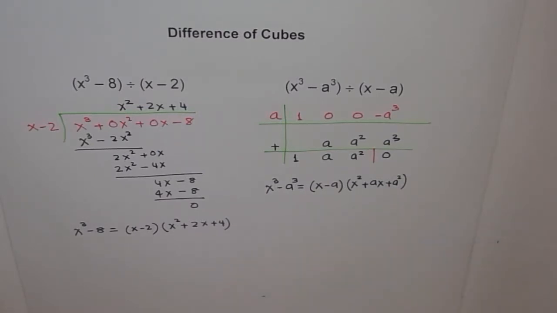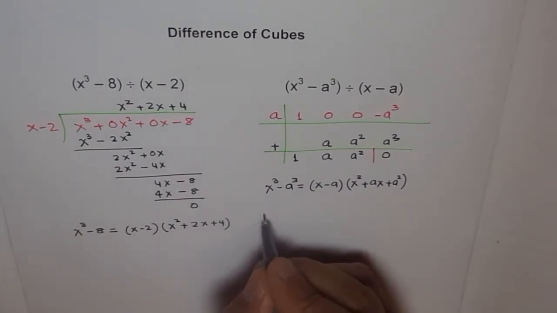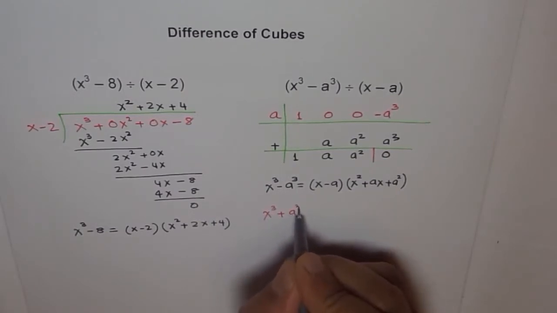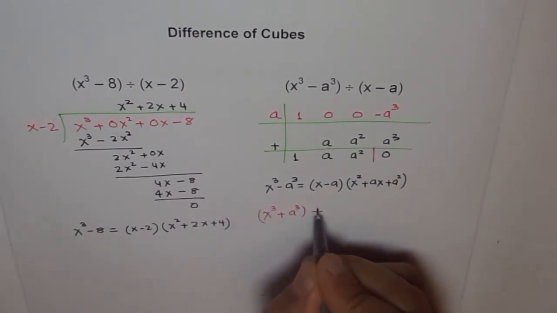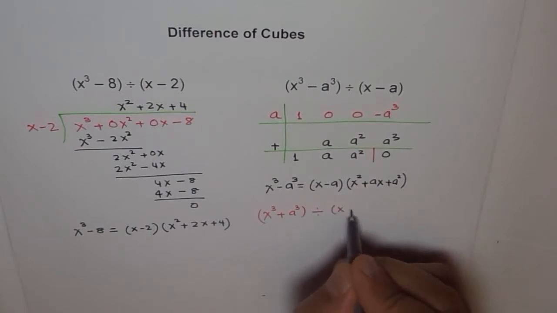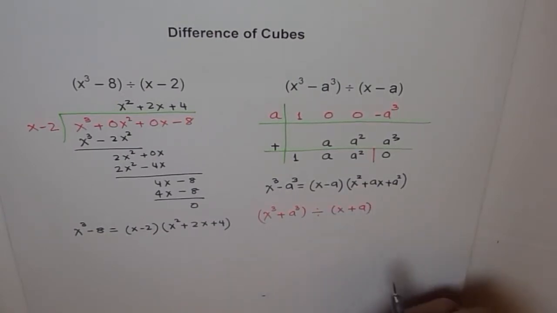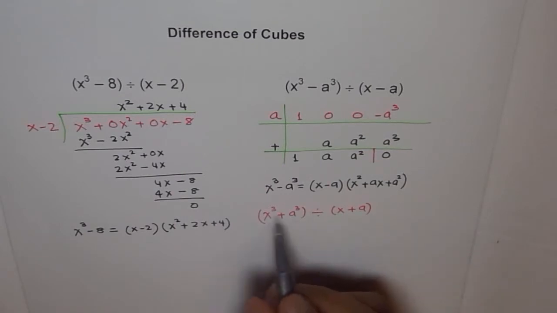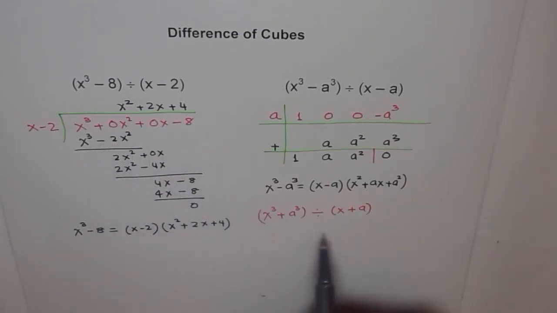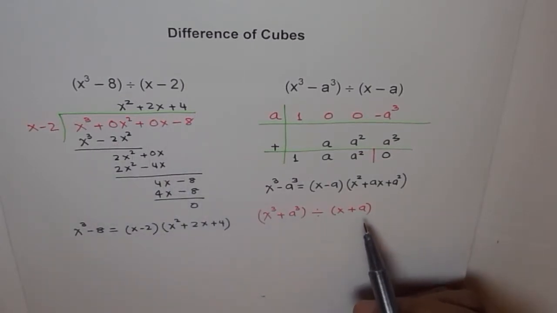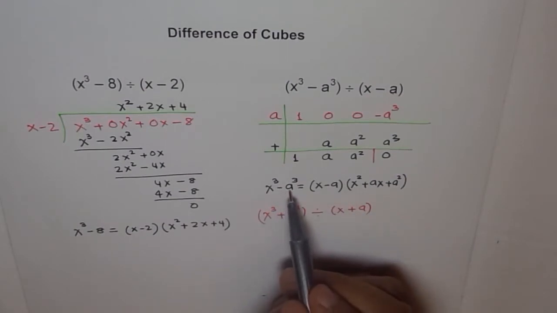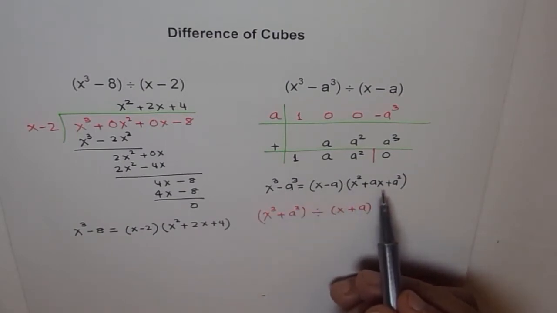Now, the exercise for you is, what should x cubed plus a cubed divided by x plus a be? Correct? One way is to repeat the process and get your result. Second way is you can replace this a with minus a. If you do that, you get your result, right?